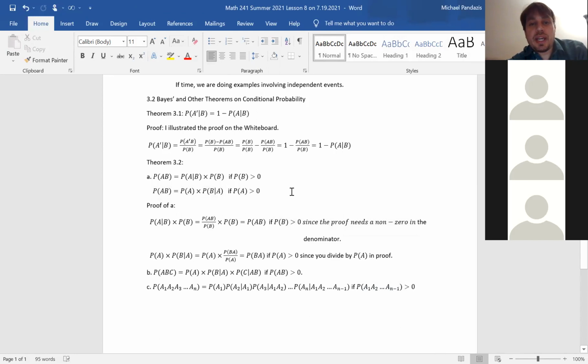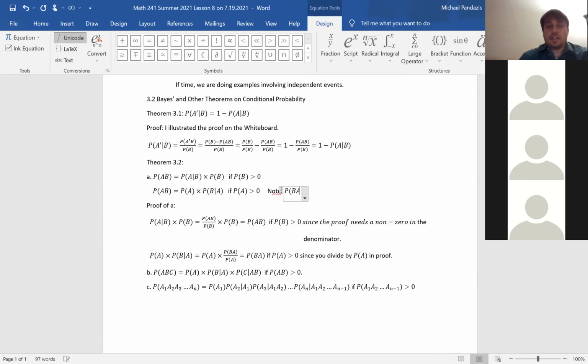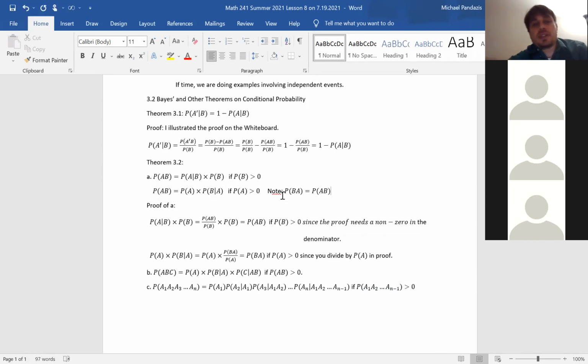So P of BA, let me put a note here. P of BA is equal to the probability of AB. I get what you're saying. You're right, when you do the formula exactly the way it's written, technically that would be the way you would write it. I just wrote it this way because that's the event AB.